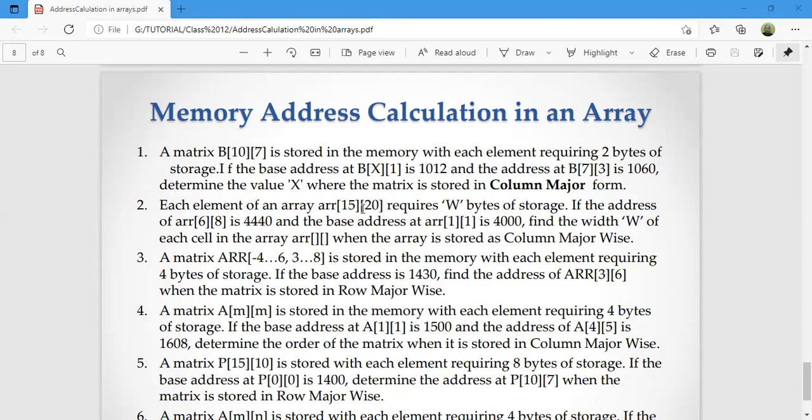So calculate the value of W and then tell me what you get. M is 15, N is 20, I is 6, J is 8. The address of 6, 8 is 4440. Base address at 1, 1 is 4000. The array is arranged column major wise. Then what will be the value of W? Calculate and then tell me.